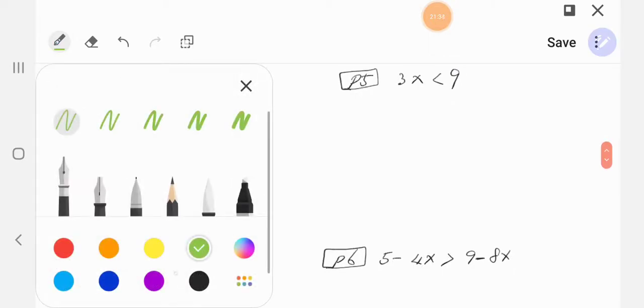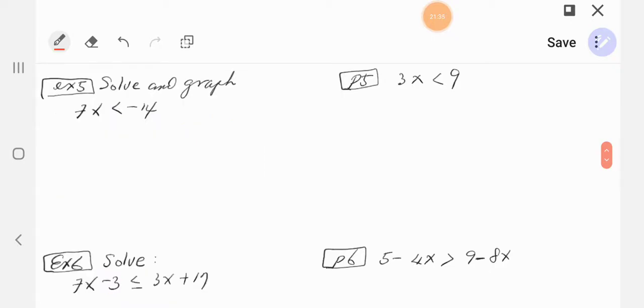This time we will solve for x and then graph it. Isn't this very simple? Just divide by 7. 7 is a positive number, so we don't have to change the symbol. So 7x is less than negative 14, and we can just divide by 7 without changing the inequality. So x is less than negative 2.